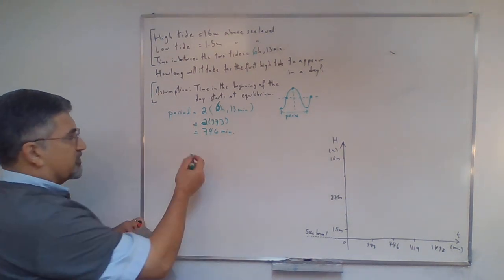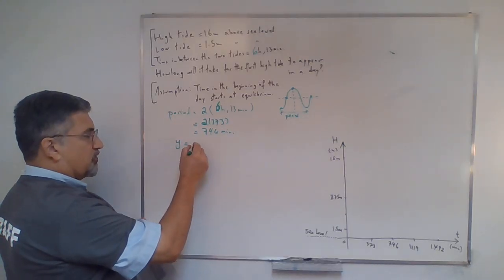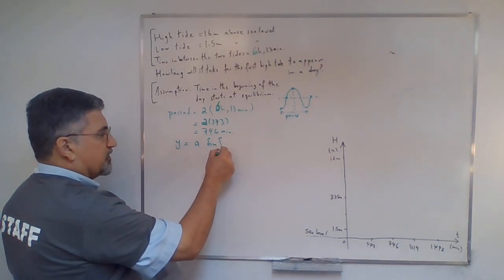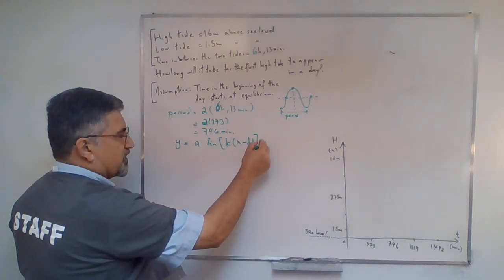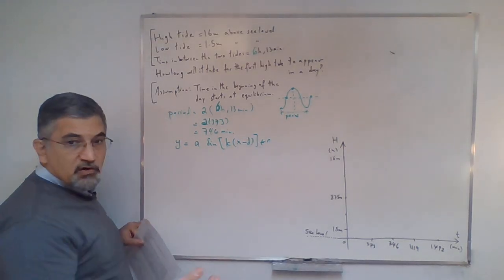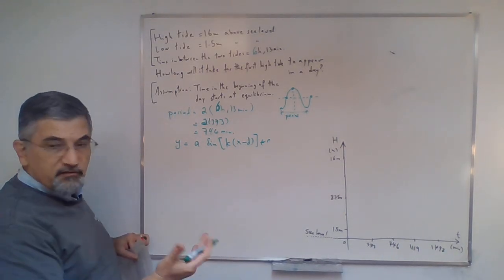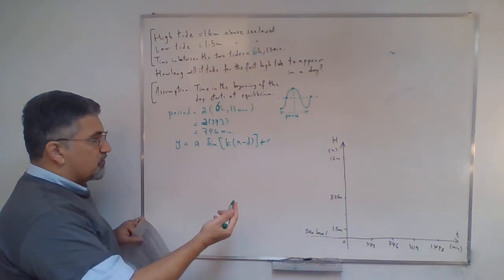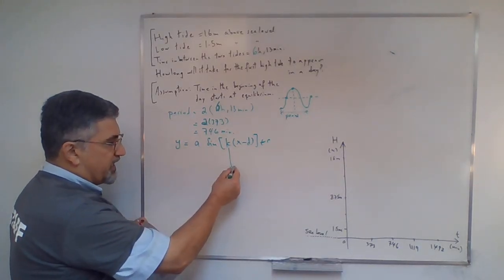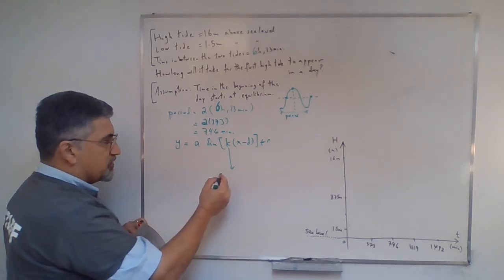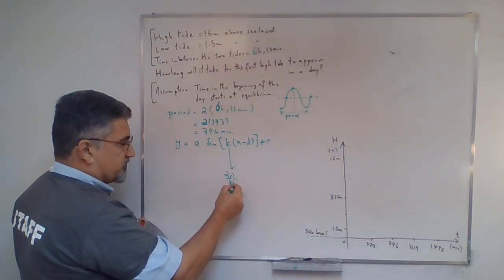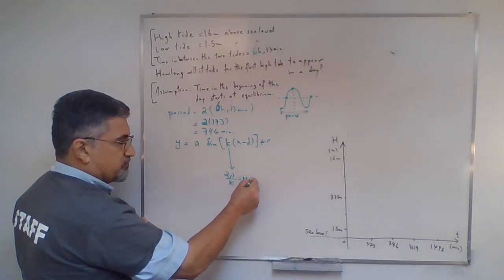So if I just write y equals a sine of k times x minus d plus c, which is the general form of a sinusoidal function, now we can identify the value of k, because the period is 746, and we know that 2 pi over k is equal to the period.